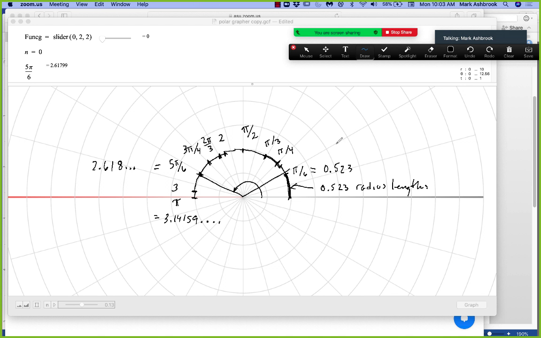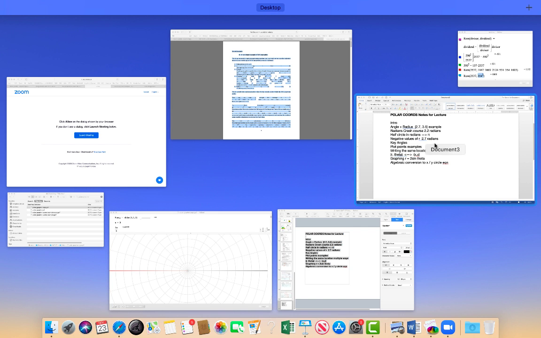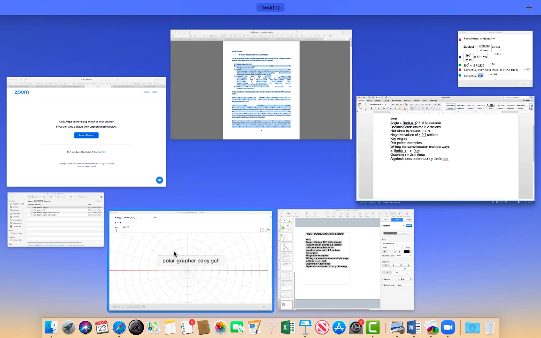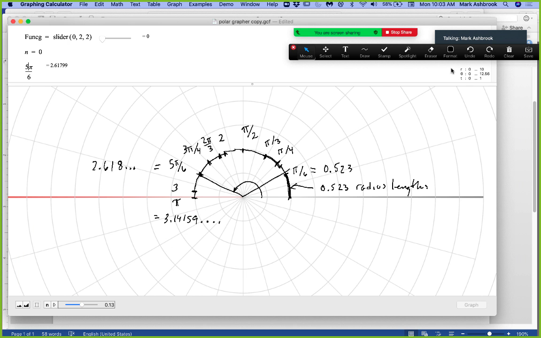Okay. So what's next? My printer didn't work this morning, so I have to see here. Key angles, plotting points. Okay, so we got to practice plotting points. Super important. If you have your graph paper or you want to make sketches, I have a bunch of practice points here.